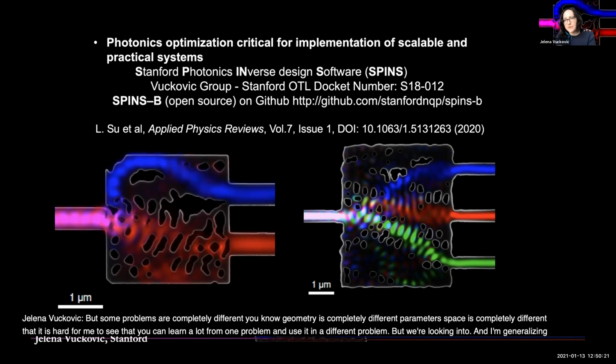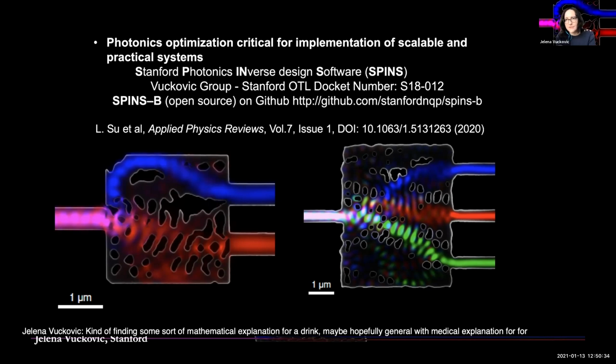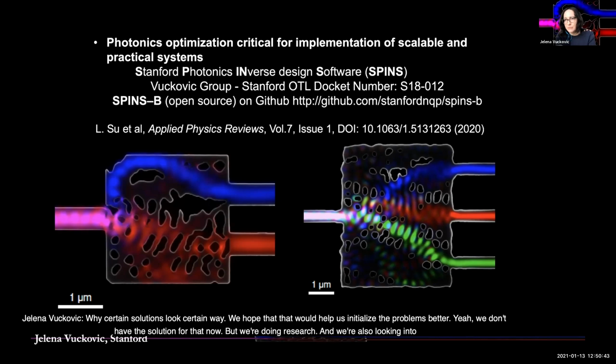Geometry is completely different, parameter space is completely different, so it is hard for me to see that you can learn a lot from one problem and use it in a different problem. But we're looking into finding a general mathematical explanation for why certain solutions look a certain way, with the hope that it could help us initialize the problems better.